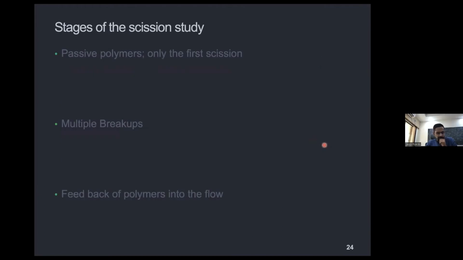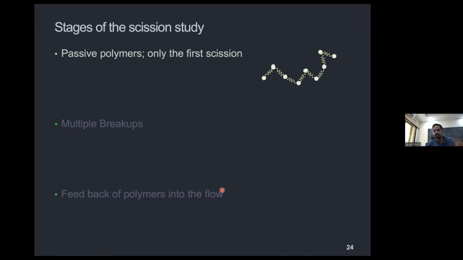Okay, so in the remainder of the talk, these are the stages I'm going to talk about in the scission problem. So first, I will start with passive polymers, meaning I'll just be putting polymers into the flow and not accounting for their feedback. So looking at very dilute suspensions and just trying to understand how the polymers break up under the influence of the flow. So passive polymers, and I look at only the first scission initially.